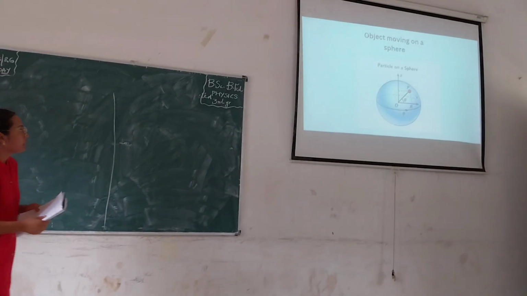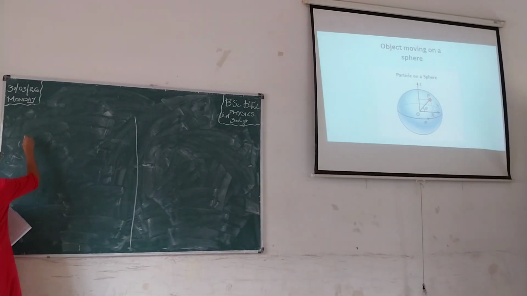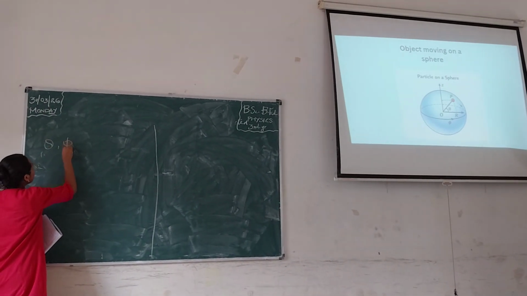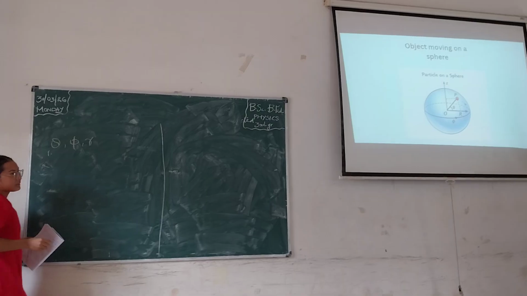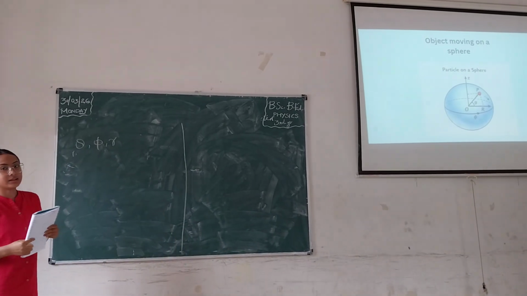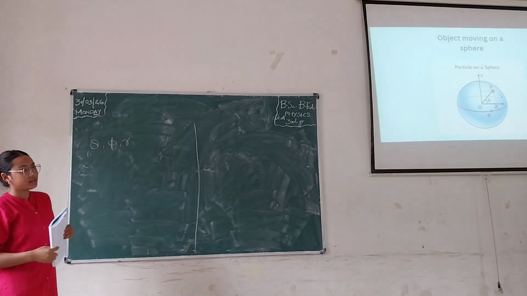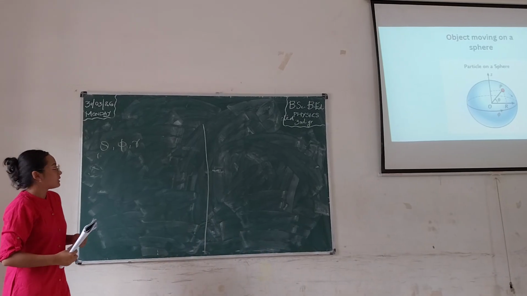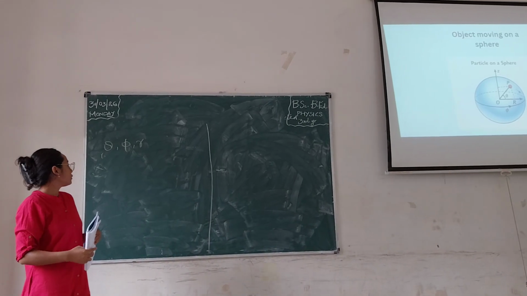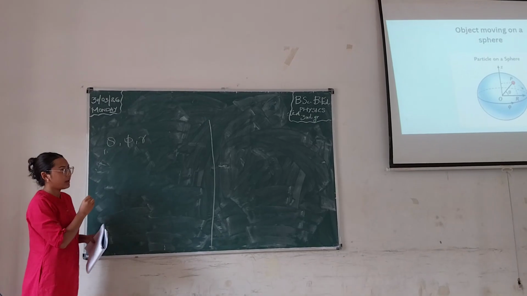r, and here we choose spherical coordinates theta, phi, and r. Here theta is the polar angle, phi is the azimuthal angle, and r is the radius. Since the radius r is constant, we are going to use only two coordinates, that is theta and phi.